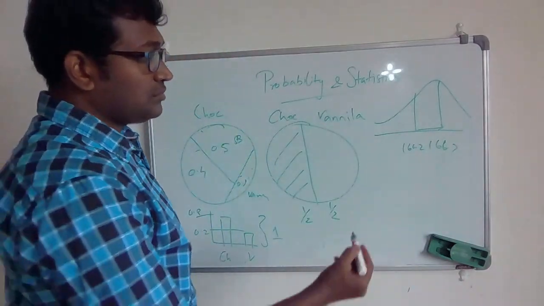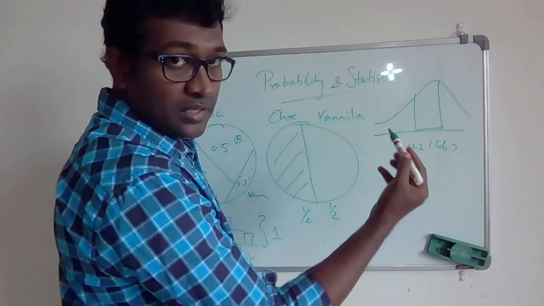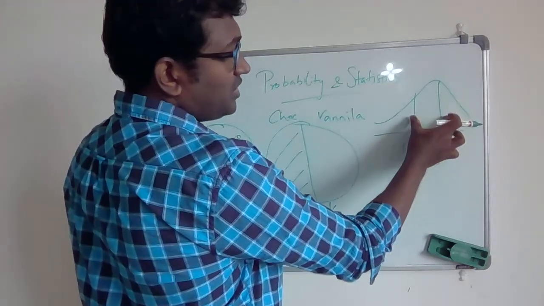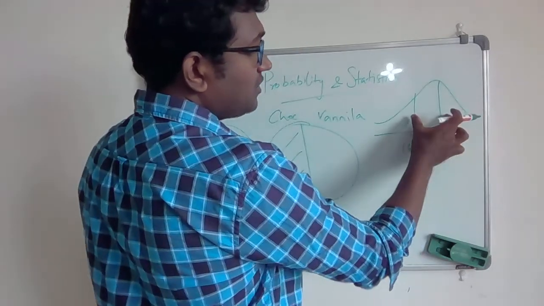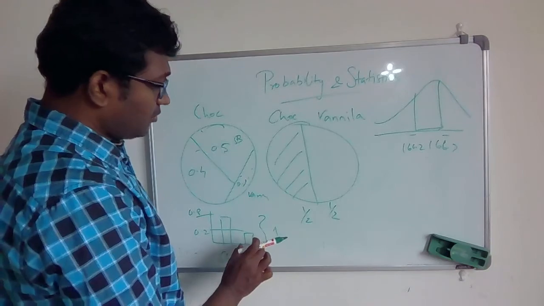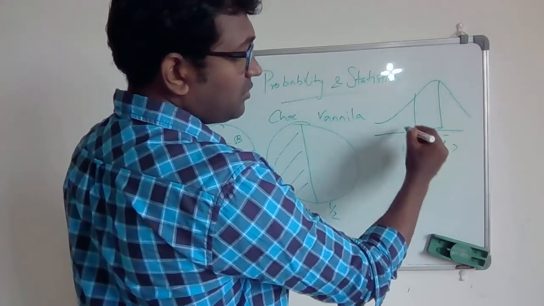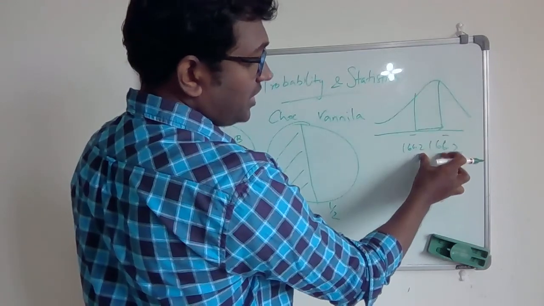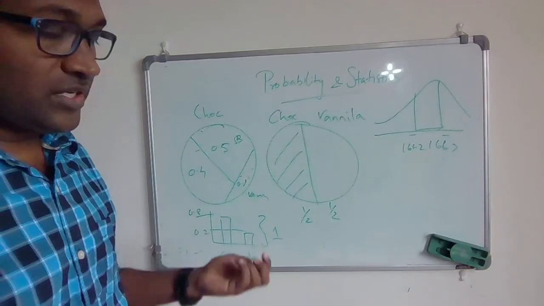If you remember integration from our videos, the area between these two limits, if you integrate it, will give you the probability. Here we are able to get it directly from the bars, like 0.8 or 0.2. Here you cannot get it for individual numbers; you can get it for a range of values. That's how a continuous distribution differs from a discrete distribution.